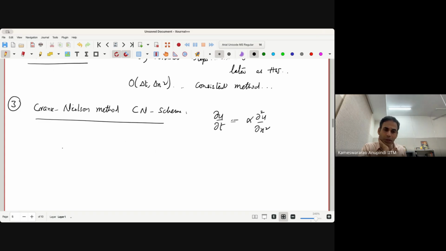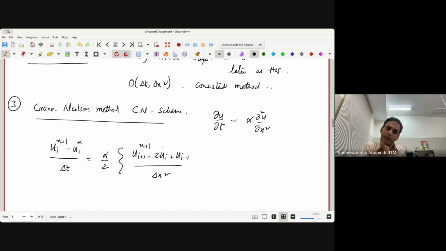We're going to write the corresponding Crank-Nicolson discretization, which we have already written as ui n plus 1 minus ui n divided by delta t equals alpha by 2 times ui plus 1 minus 2 ui plus ui minus 1 by delta x square, all at n plus 1, plus ui plus 1 minus 2 ui plus ui minus 1 divided by delta x square, all at n.